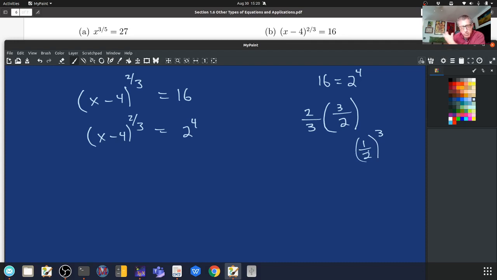If you understand why I made that connection, that's fine. If not, all you have to do is remember that when you have the original power and the numerator is even, then when you multiply both sides by the reciprocal of the power, you have to add a plus or minus.